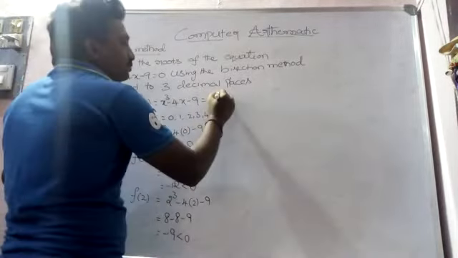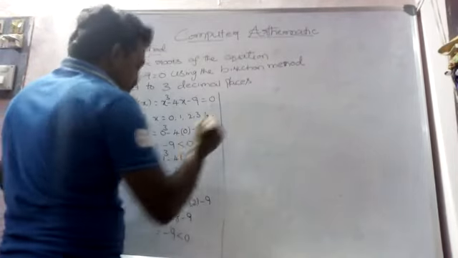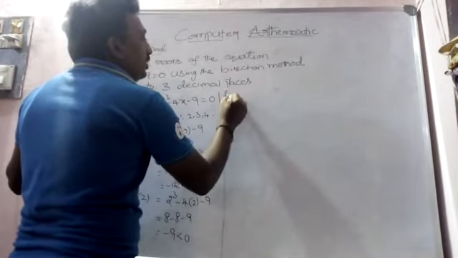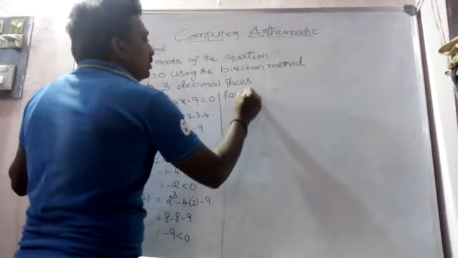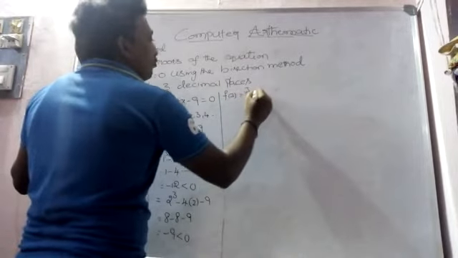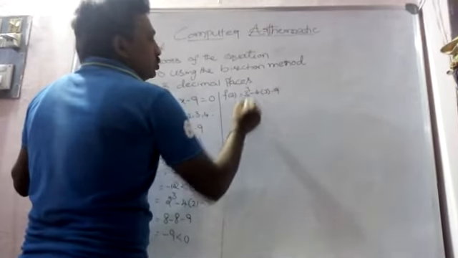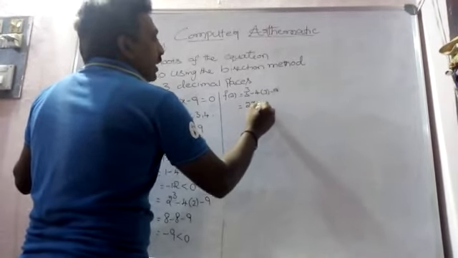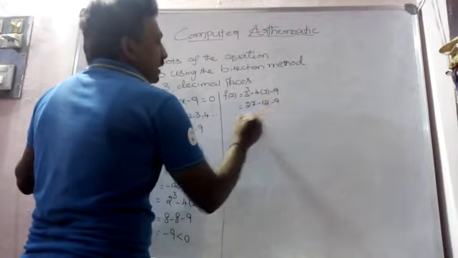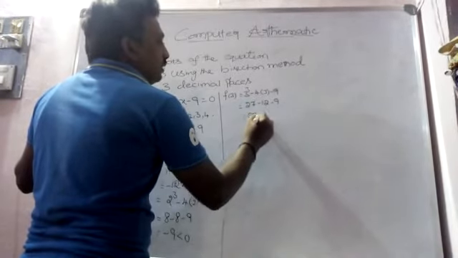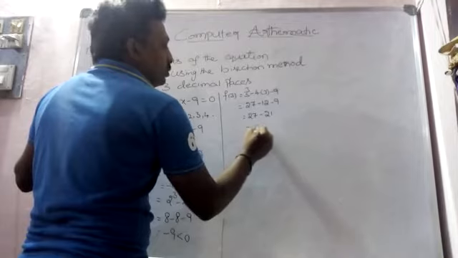So next, f of 3. f of 3 equals 3 cube minus 4 into 3 minus 9. That is 27 minus 12 minus 9, that equals 27 minus 21, which equals 6.